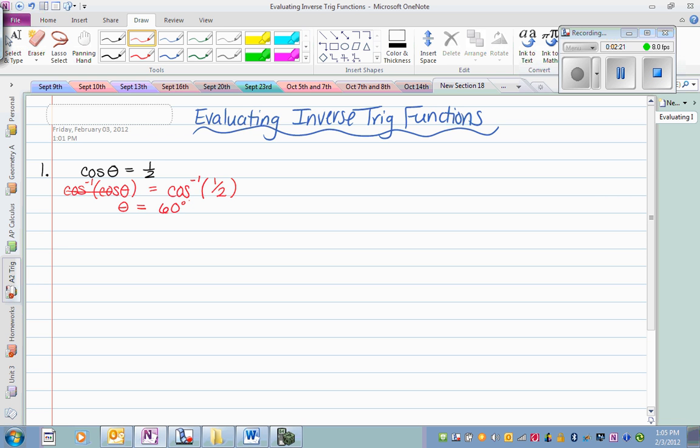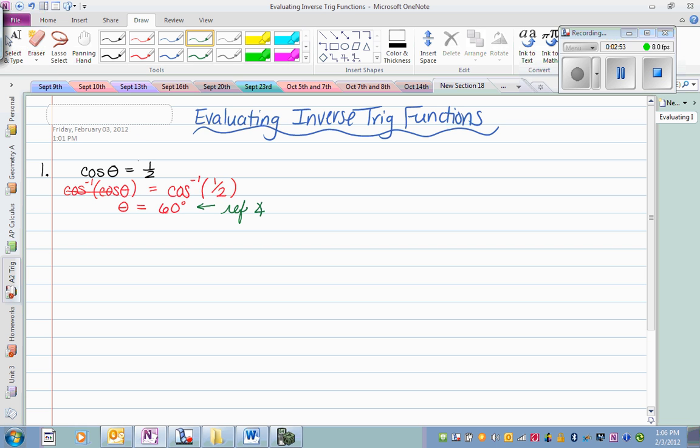This value is a reference angle. It's just going to help you find the angles that you need to look at. To figure out which quadrants you're interested in, is this 1/2 positive or negative?